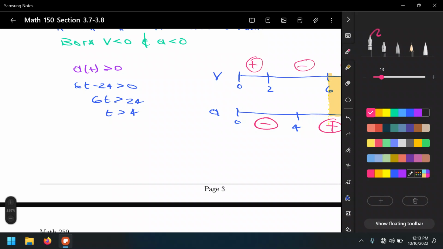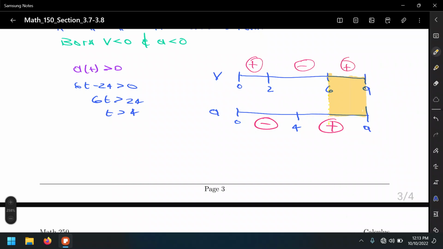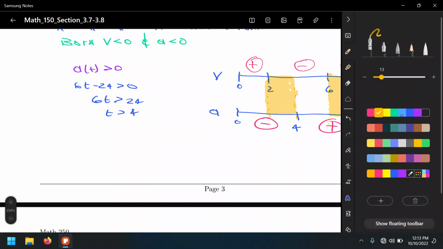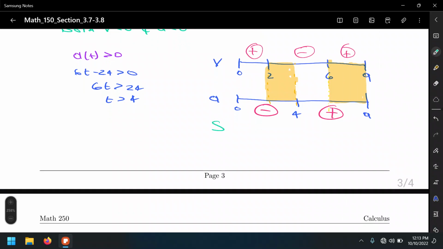Well, that's right, because when we have this negative times that negative, when we overlap these two, it's also negative here, and negative times negative, this is where it is speeding up on the intervals from 2 to 4 and 6 to 9, and slowing down everywhere else.